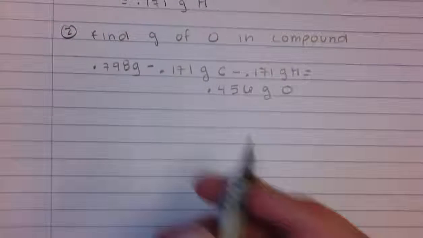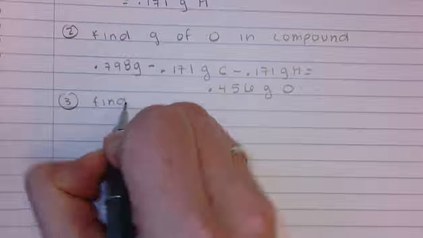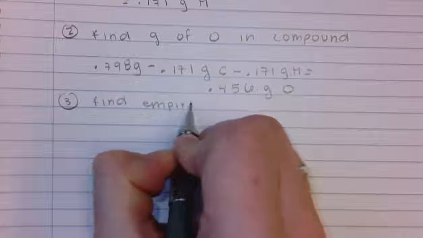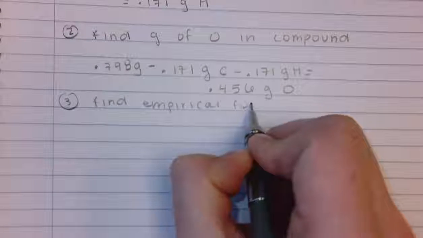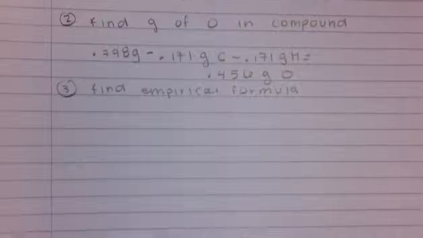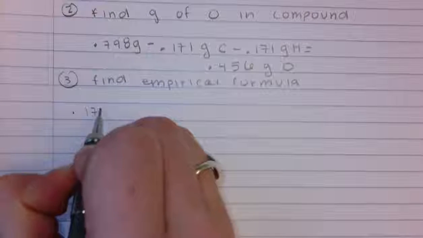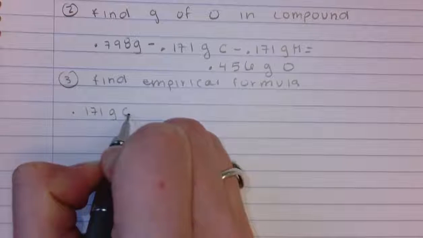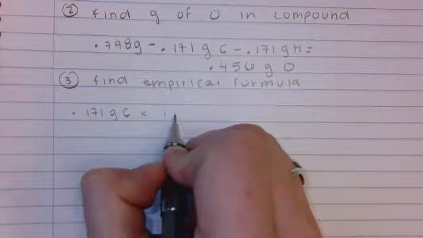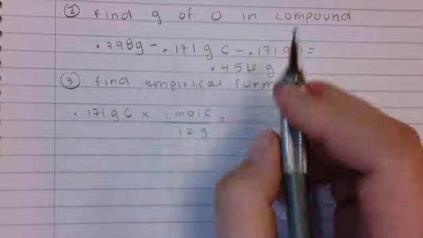So the next step is to find the empirical formula. And we're first going to do this by finding the number of moles of each component. So starting with carbon, we have 0.171 grams of carbon, and we're going to use the molar mass to convert to moles of carbon.